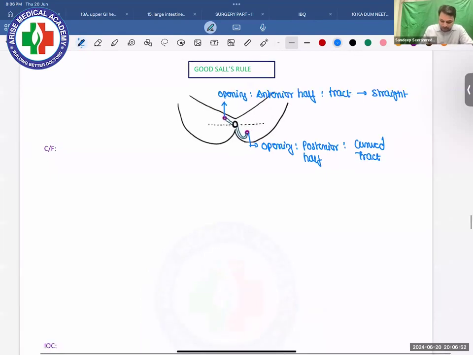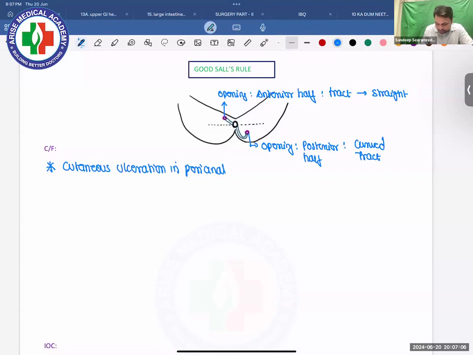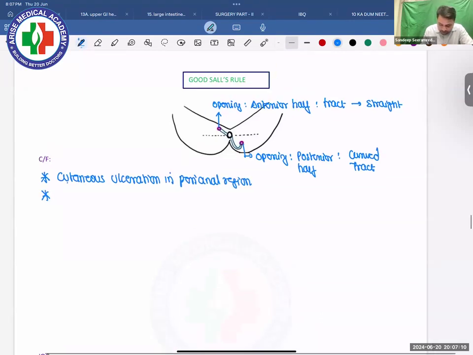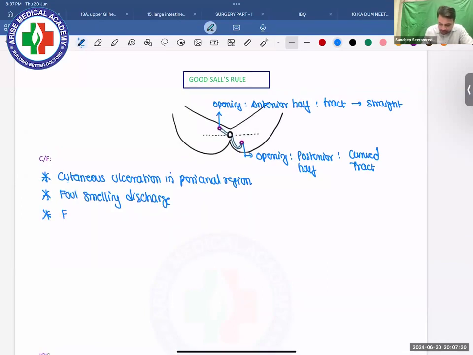A perianal fistula is going to have a cutaneous ulceration in the perianal region. Along with that, it will have a foul smelling discharge. But the most important pickup point, there is fecal soiling of undergarments.